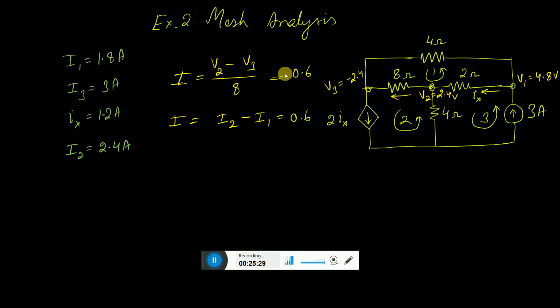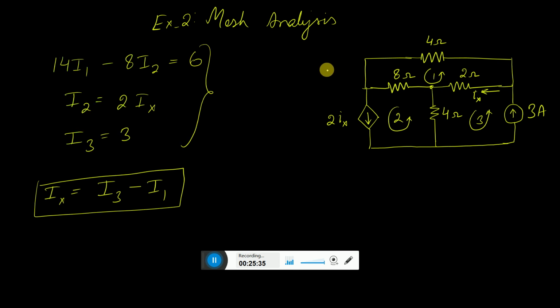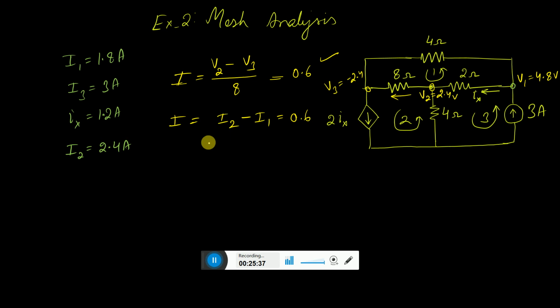So we calculated it: putting in 2.4 minus minus 2.4 divided by 8, it comes to 0.6. Then from I2 minus I1, you take the I2 value and the I1 value and subtract them, and you again get 0.6.